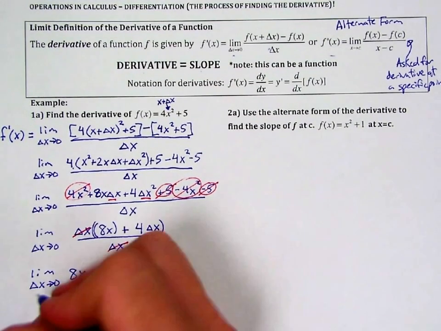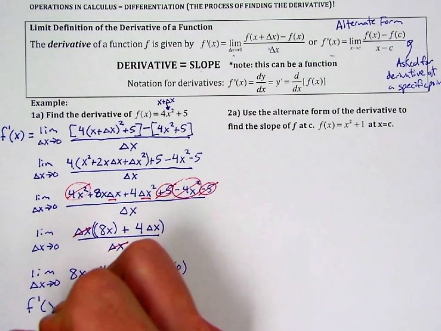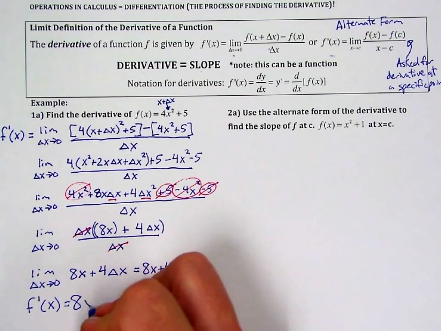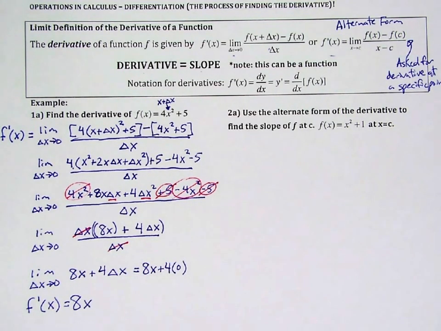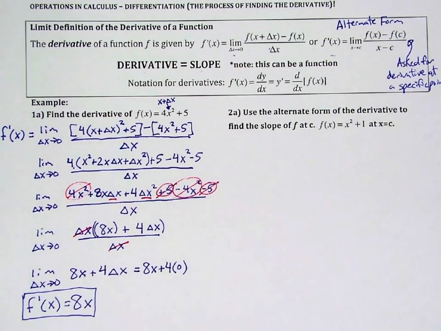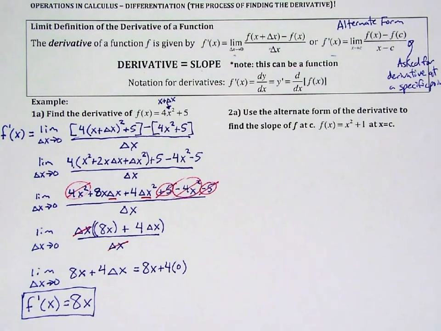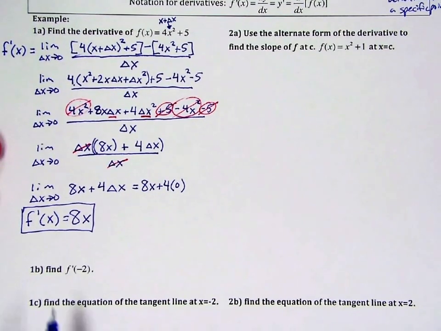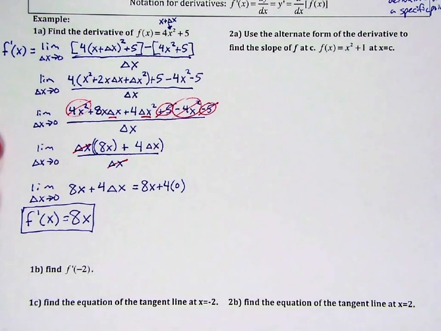So we can write f prime of x, which is the derivative, equals 8x. So from here, they might ask you to find some things. You might be asked to find f prime of negative 2.